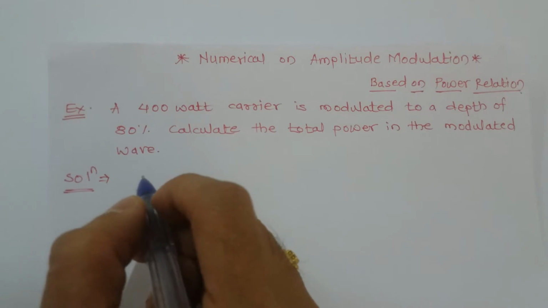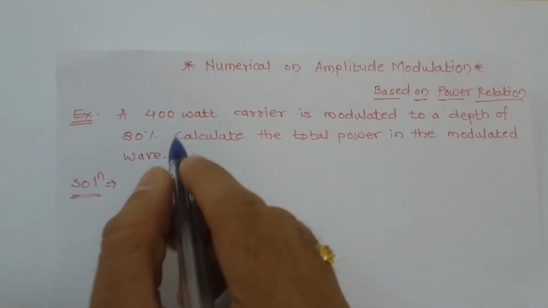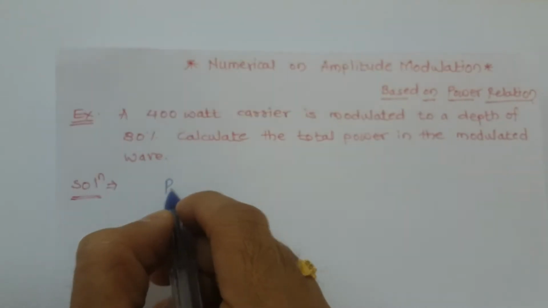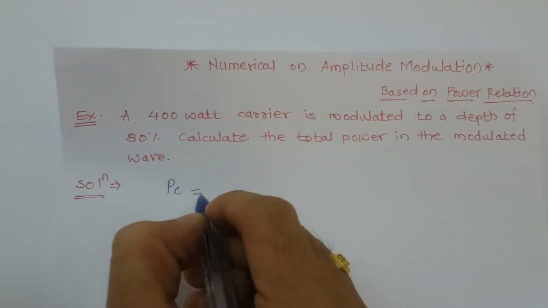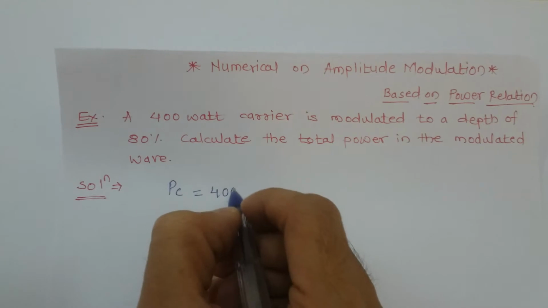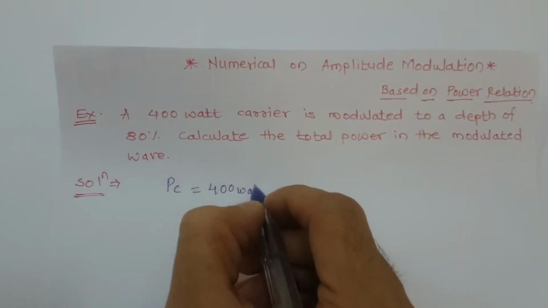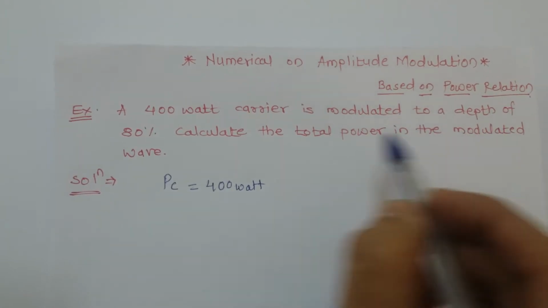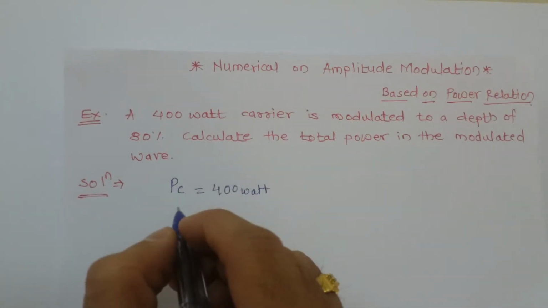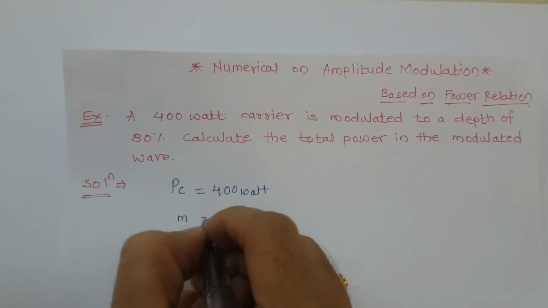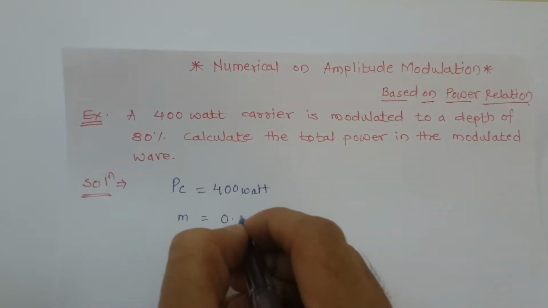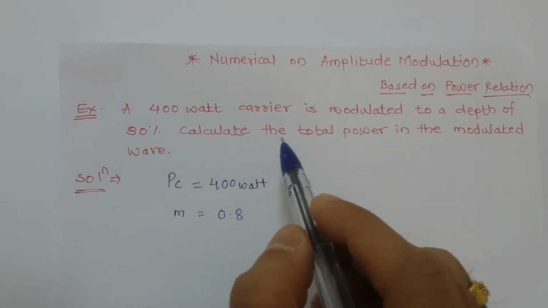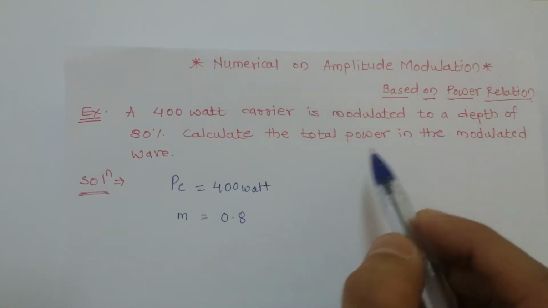So write down the given data, that is 400 watt carrier, that is Pc, carrier power, is equal to 400 watt. Then depth of modulation 80%, that is nothing but m is equal to 0.8, and we have to find out the value of total power.